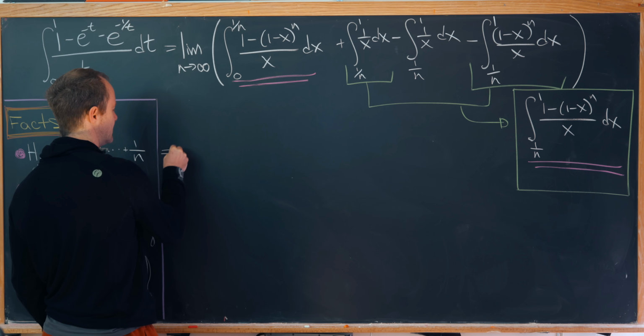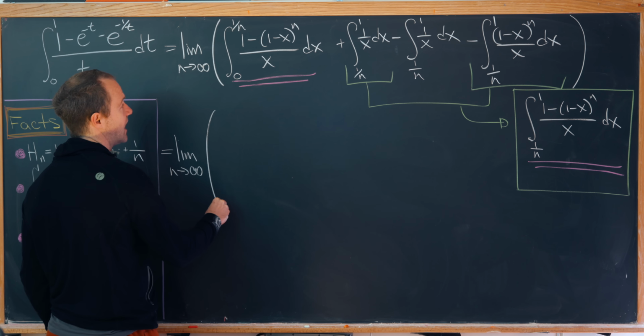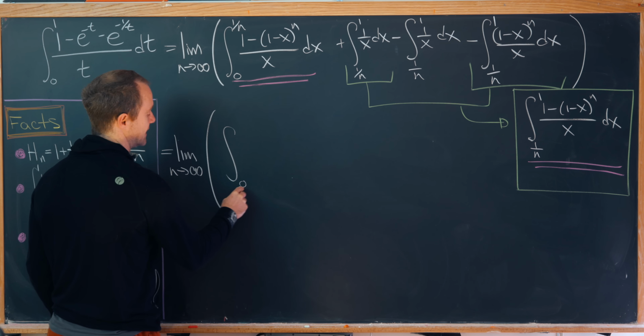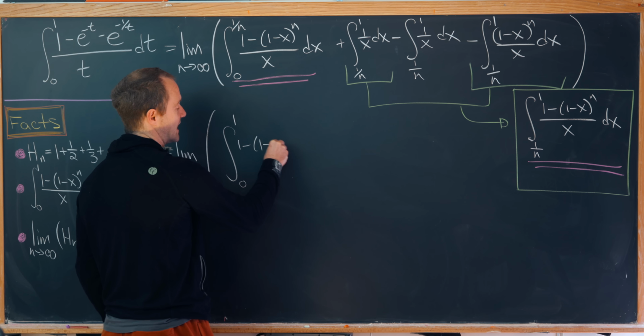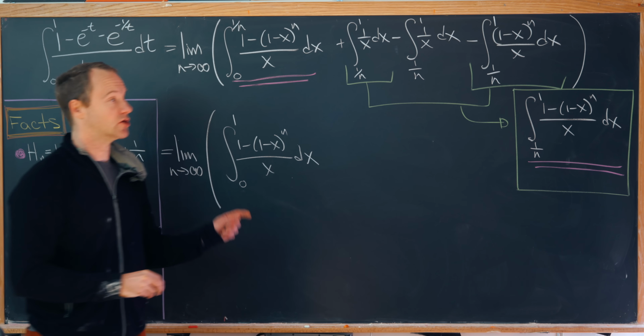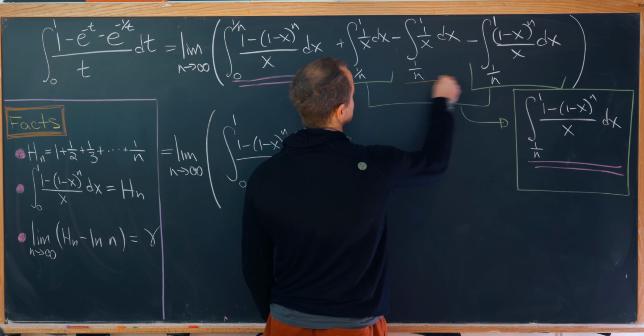So let's bring this limit down. We have the limit as n goes to infinity of, now, like I said, those magenta underlines become the integral from 0 to 1 of (1 minus x) all to the n power all over x dx. Good. And then this term right here is what's left over.